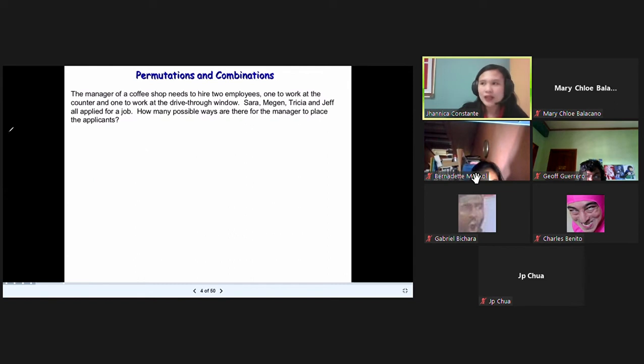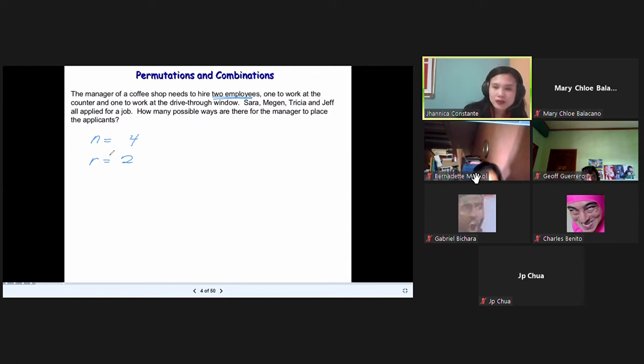Given that we have 4 applicants in this problem, that means our n is equal to 4, since that is the total number of applicants that we have. And our r, or the selected number, is 2, kasi dalawa lang ang i-hire na employee from these 4 applicants.